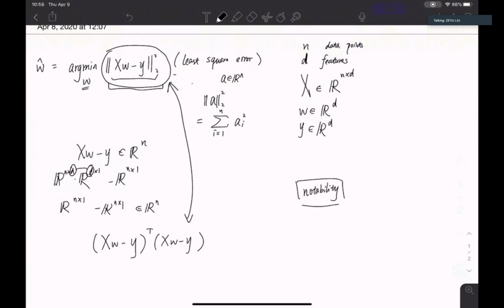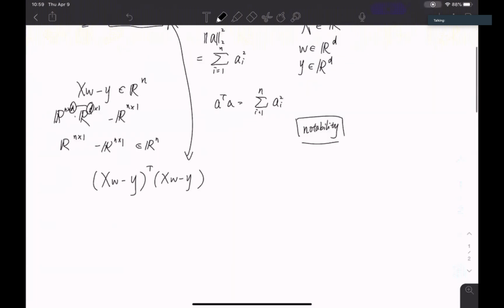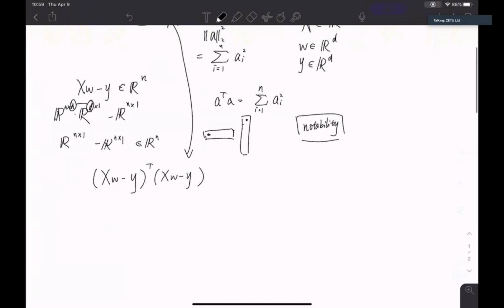And this is equivalent to A transpose A, by definition of transpose matrix multiplication in this case. So you take the value of here times this value of here, but these two are identical. And you do it many times.